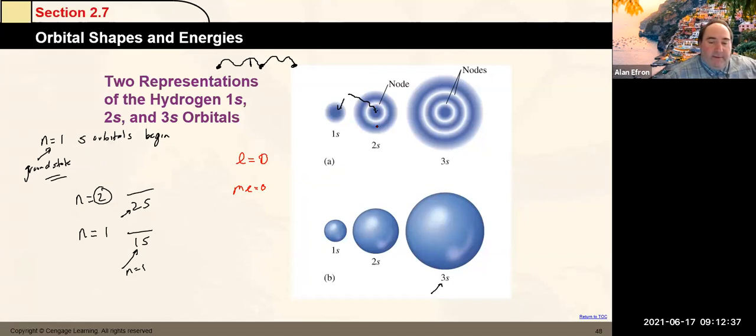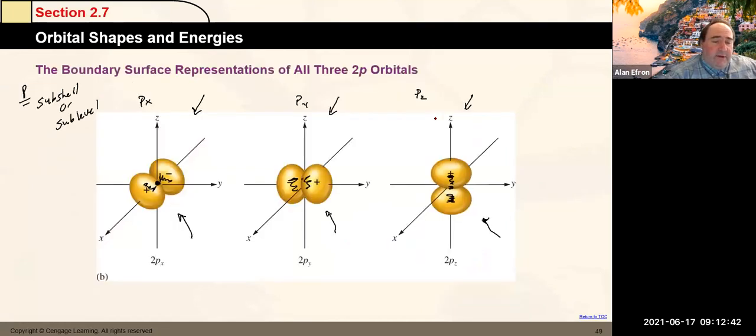Again, the darker blue areas show the probability of where we would expect to find an electron. These are our p orbitals, which start at the second energy level, n equals 2, where we have an L value of 1 and an M sub L value of -1, 0, and +1.